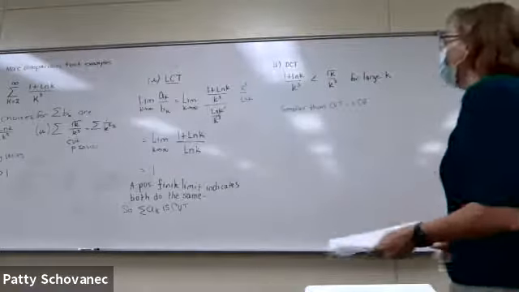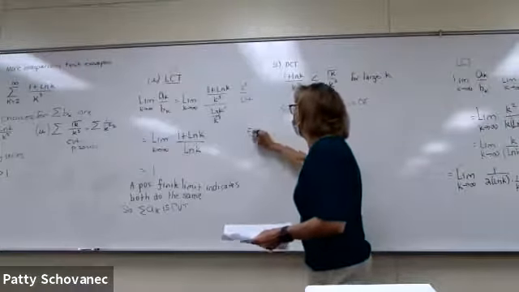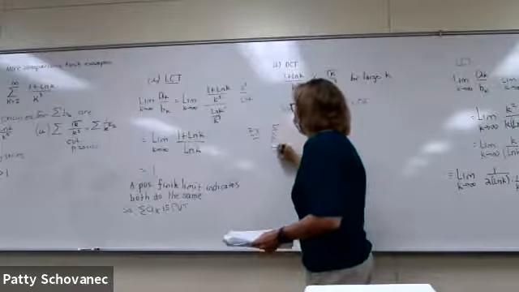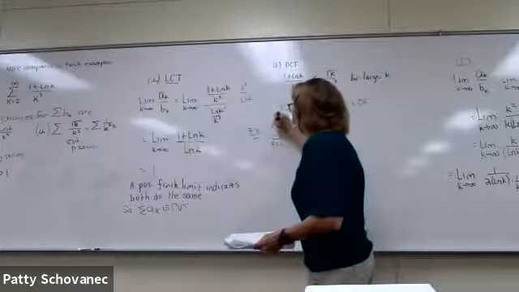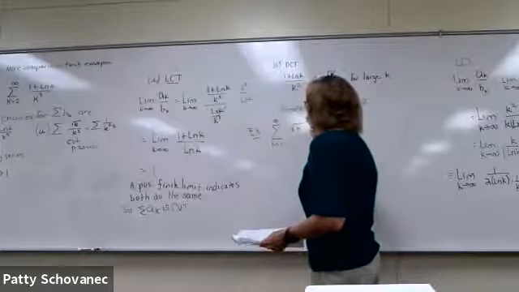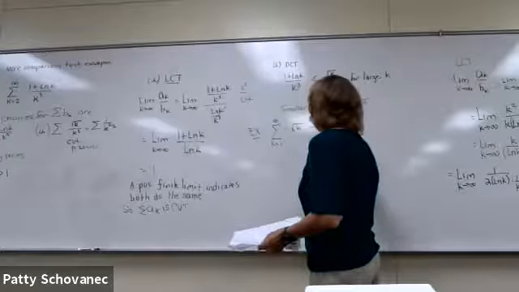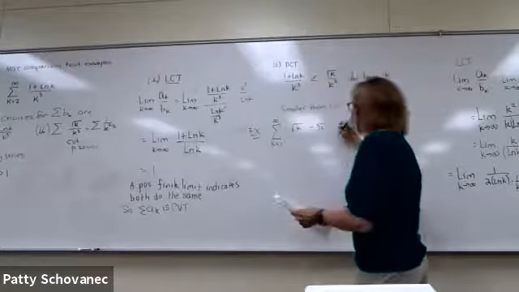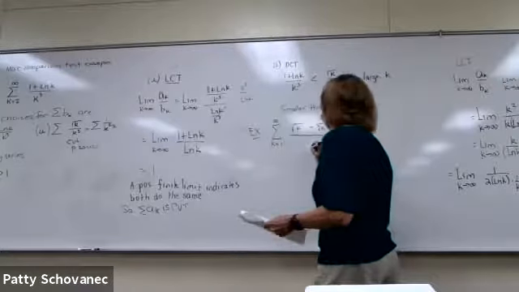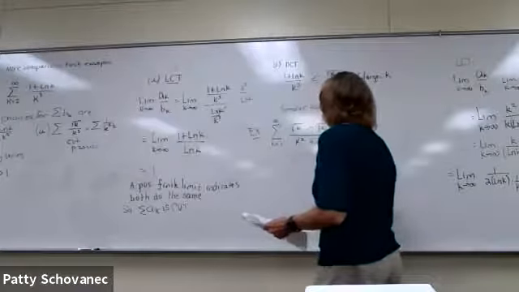Let's look at this one. Suppose my series looks like, say, the square root of k minus the cube root of k plus 4, divided by k squared plus k plus 1.